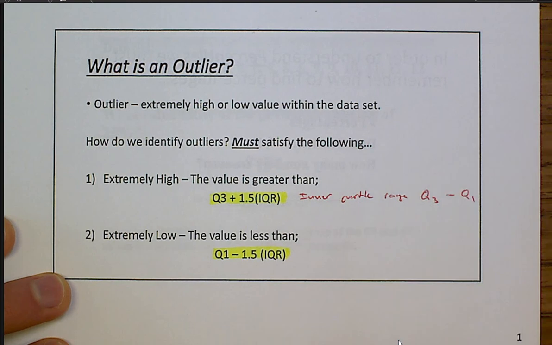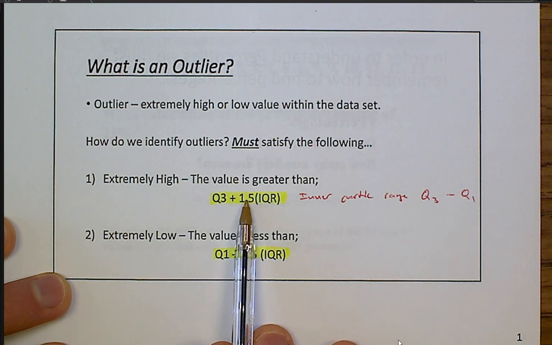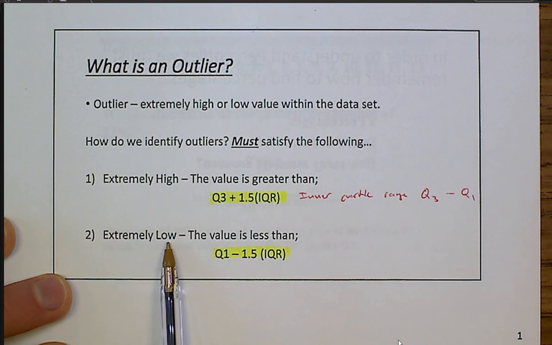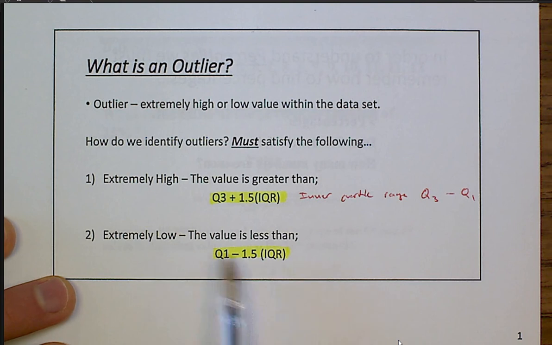So we'll review that here in a minute. And whatever number you get here, if you have a number that is larger than this number, then it is an outlier. If you do the subtraction, which we do for an extremely low outlier, for the low end, if it's smaller or less than this, then it would be an outlier on the low end. Okay? So let's take a look at a problem and practice this.